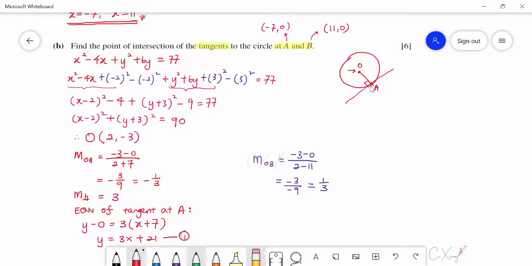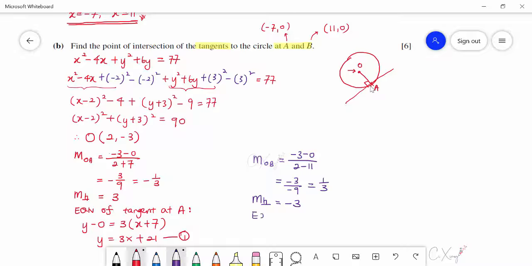Then again, the line of tangent will be perpendicular to OB. To find the perpendicular gradient, we use the same concept as just now. So the gradient of the tangent at point B will be -3.